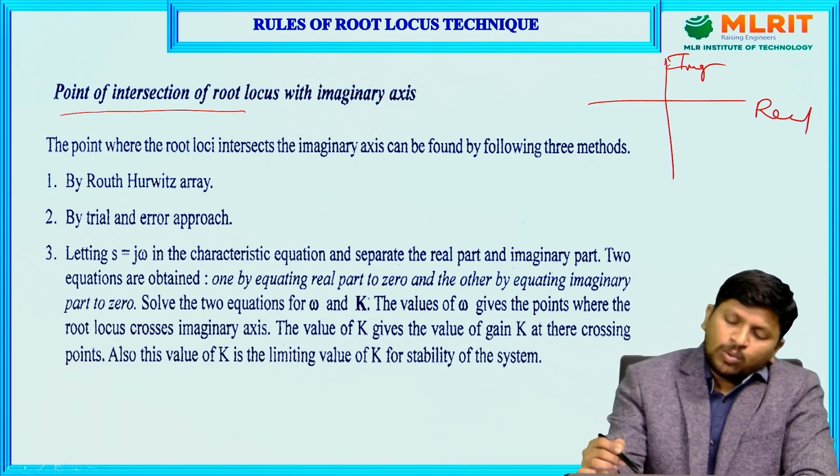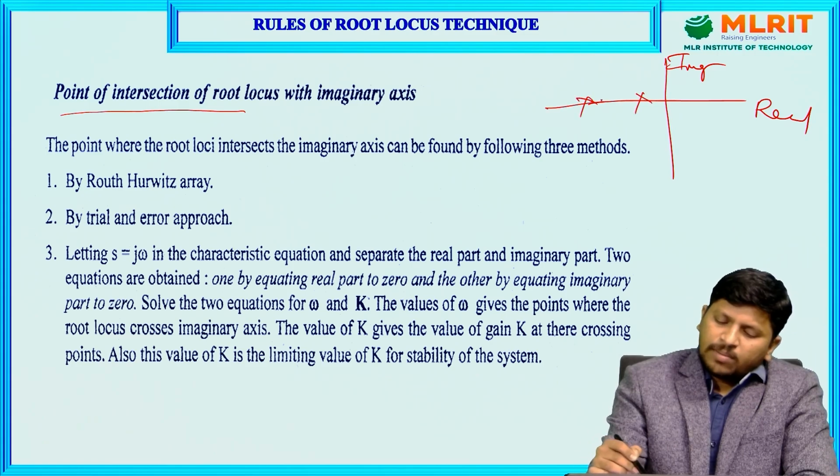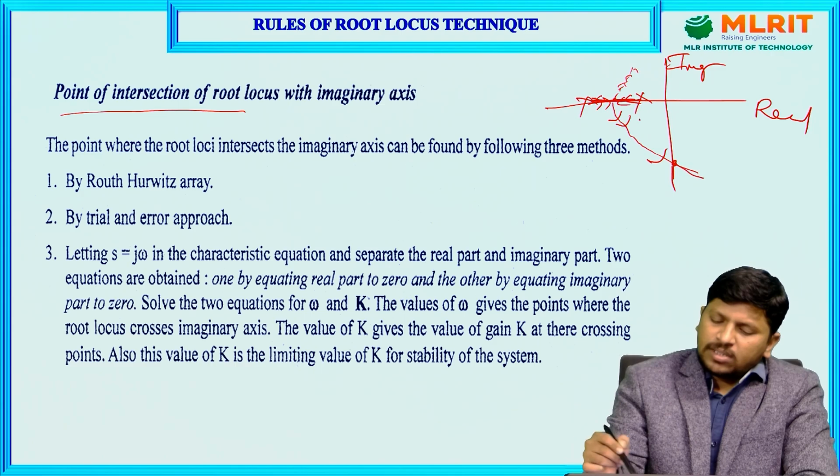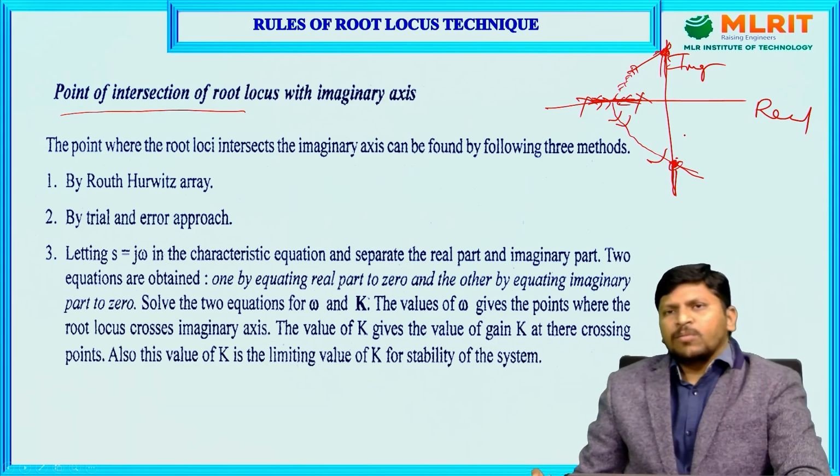Any root locus, for example, starts at a pole and ends at a zero, going like this. For example, one point of this root locus touches the imaginary axis, and here it also touches the imaginary axis. We need to find these points also; that is one more rule.